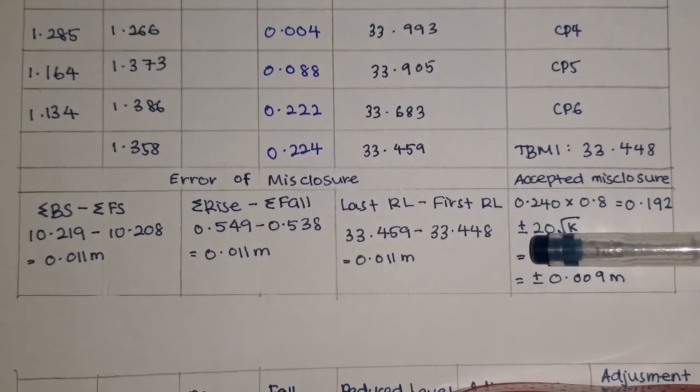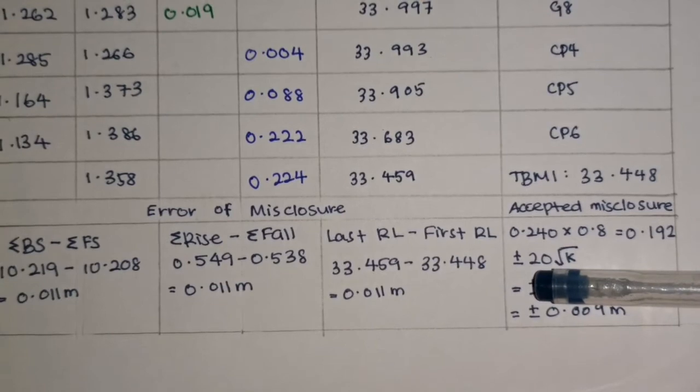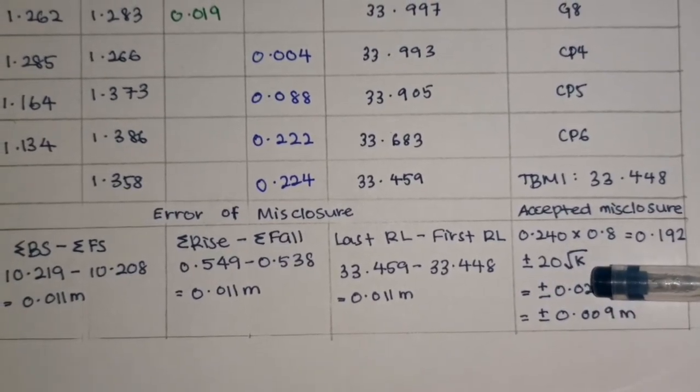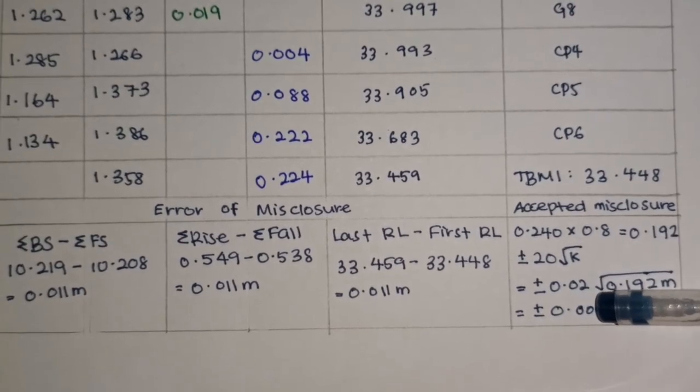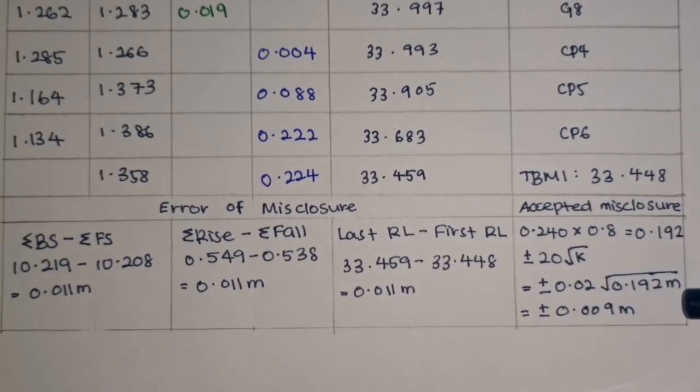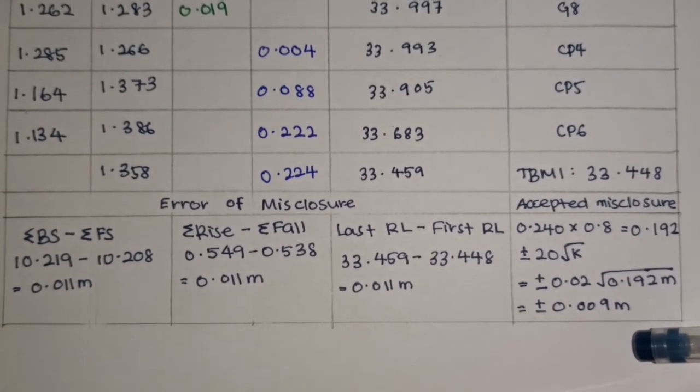And this is the formula of accepted misclosure: plus minus 20 square root of k, equal to plus minus 0.02 square root of 0.192 meter. Then we get plus minus 0.009 meter.